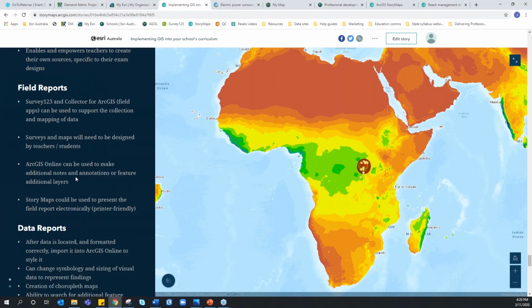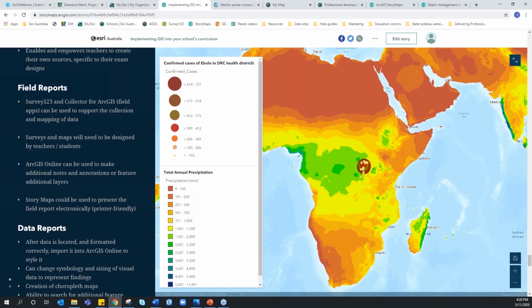ArcGIS Online can be used to make additional notes and annotations or feature additional layers. So again, they might bring their data in, but then they might want to bring in an extra couple of layers to show those relationships. And if we look at this particular example, the total annual precipitation is the one that's covering the entire continent.